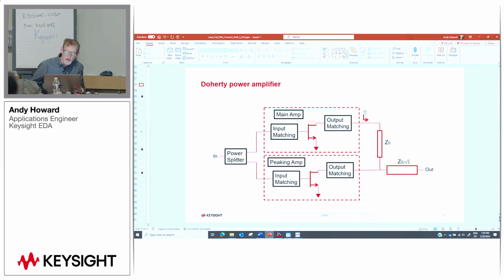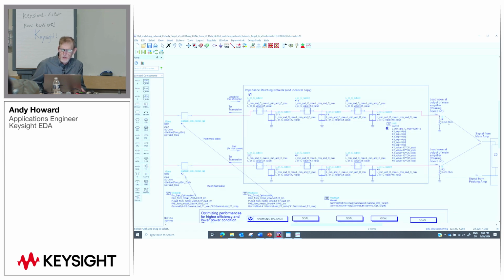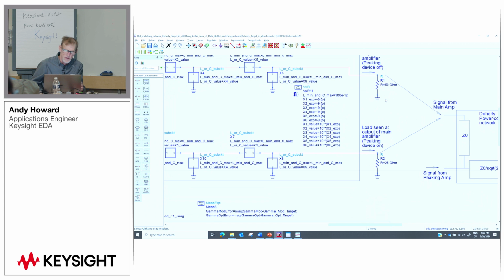The load impedance seen to the right of the matching network is different depending upon whether the peaking amplifier is on or off. So when it's off, we see Z-mod here, and when it's on, we see Z-opt, a different target impedance here. So those are the two conditions, 50 ohms and 25 ohms, although these could be different values, certainly.